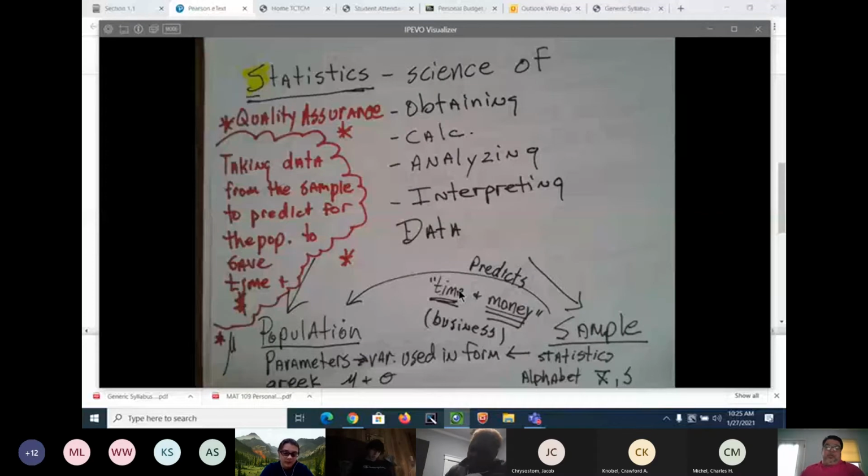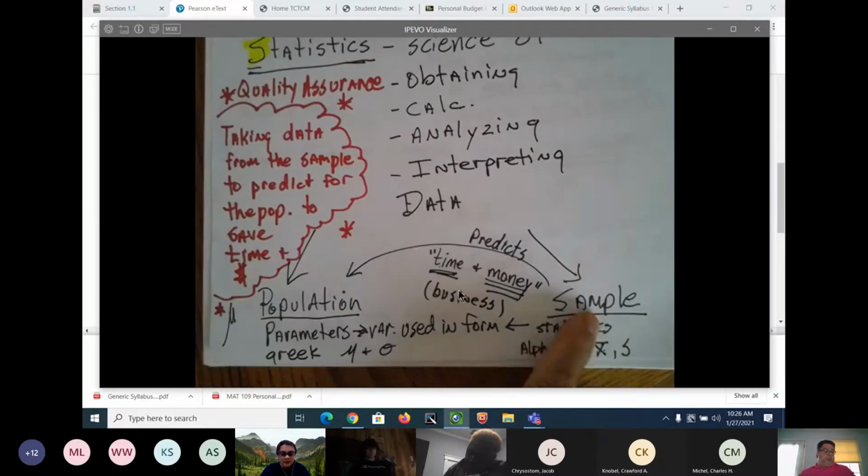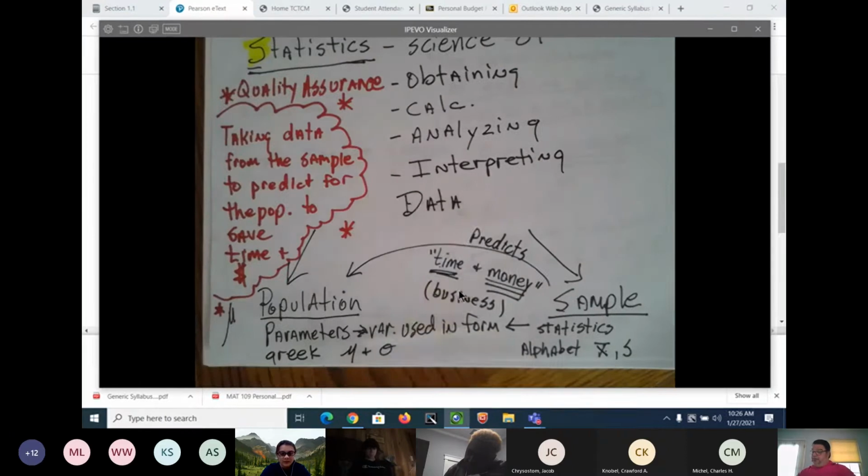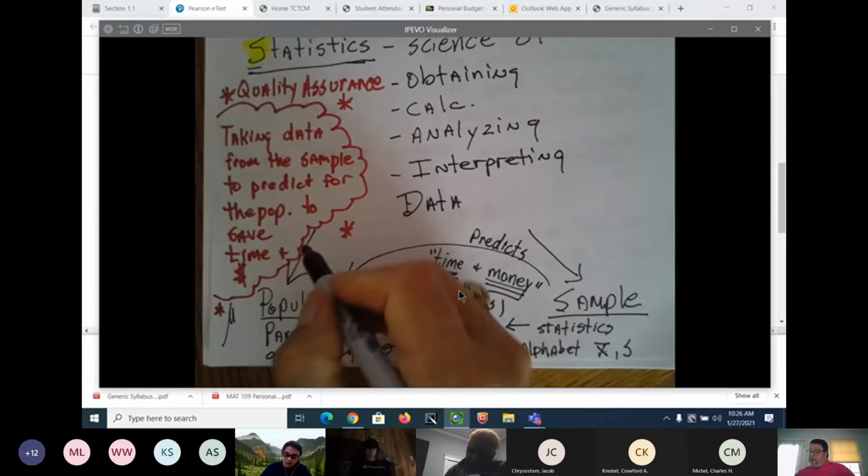Now, statistics, the world of statistics revolves around 2 things. It revolves around the population and the sample. So it revolves around 2 things, the population and the sample.